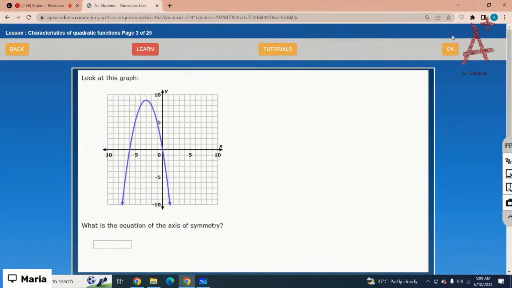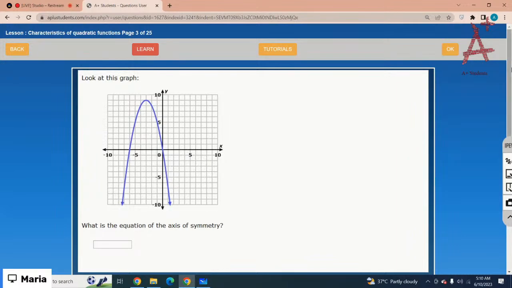Okay, the next one: look at the graph. What is the equation of the axis of symmetry? So which is the correct option? You have to calculate the axis of symmetry.